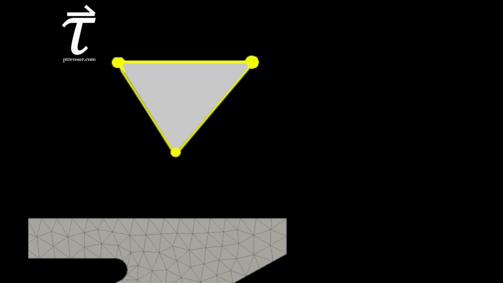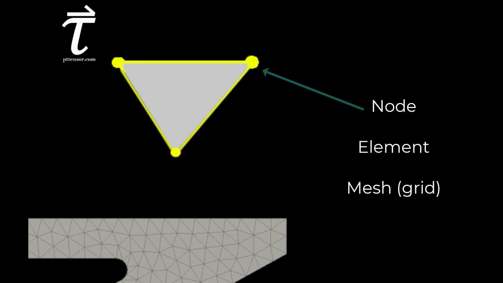Then engineers use a simplified method by dividing the beam into a certain number of elements, also called the finite element method. Each element has some nodes on its sides, and collectively these elements are called a mesh or grid.